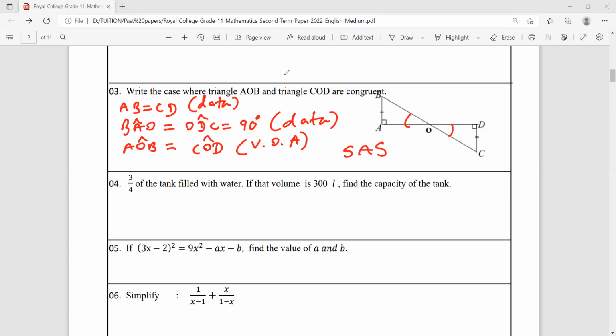Actually, you have two angles and one side, right? You have to say angle, angle, side. This is the case, right?